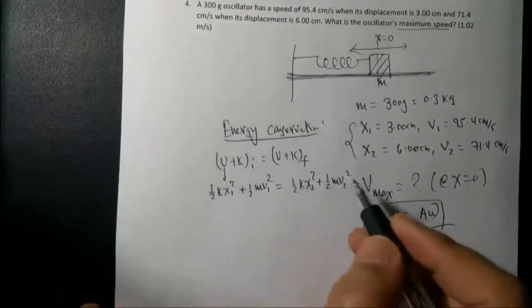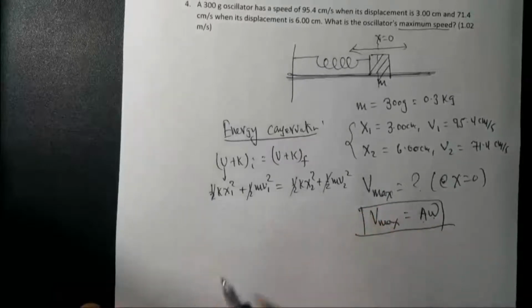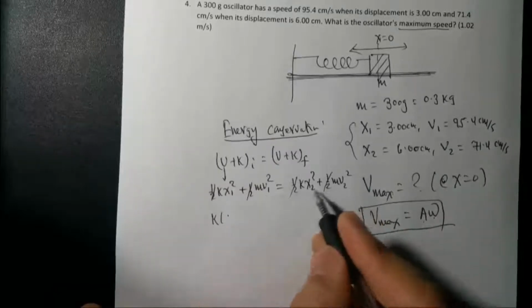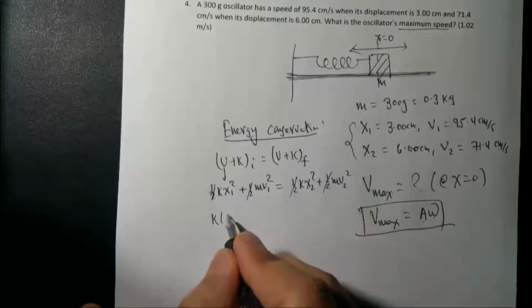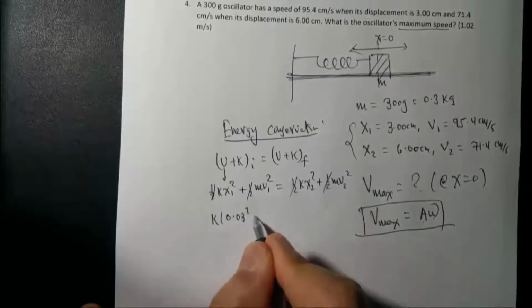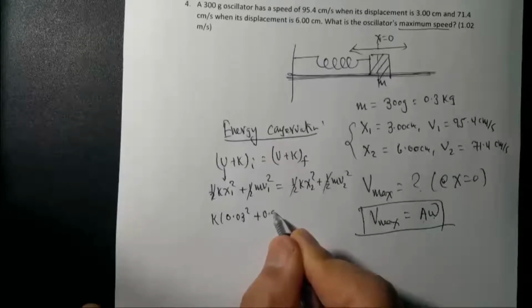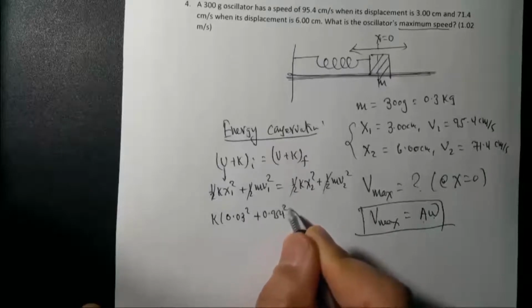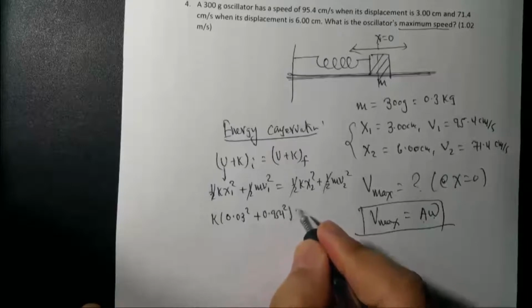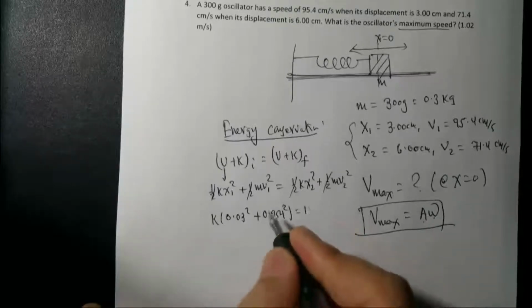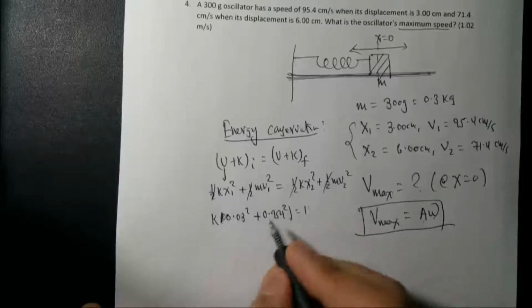Here x1, v1, x2, v2 are given, so I'm just solving in standard units. There is a mass, so you can't take a common factor.